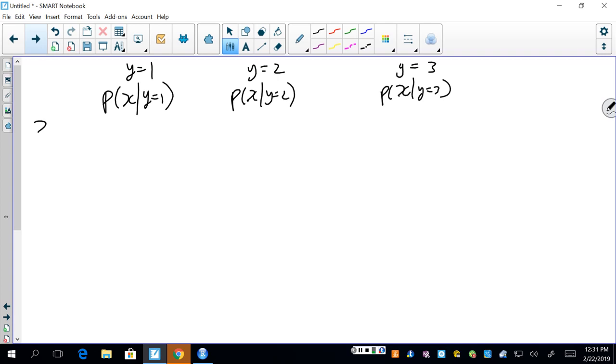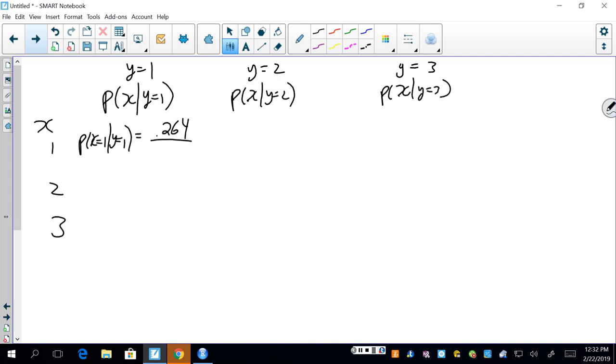X can take on values of 1, 2, and 3. So the probability that x equals 1, given that y equals 1, well, there was 0.264.